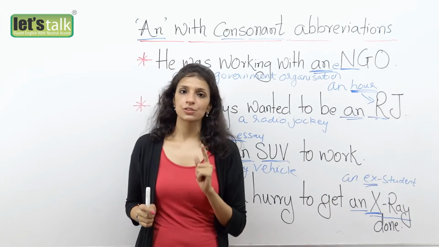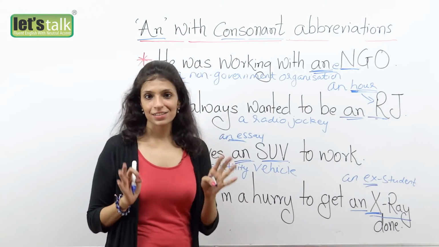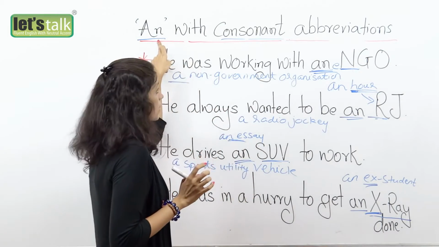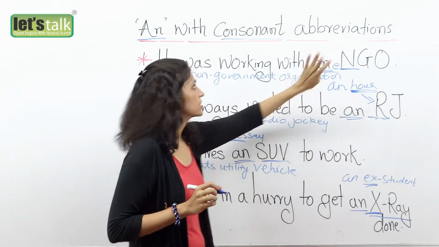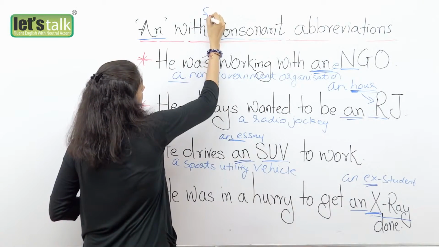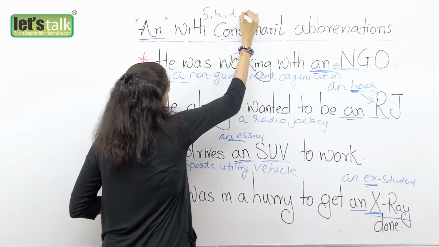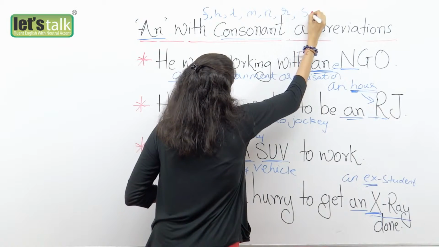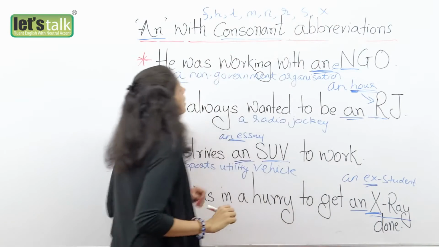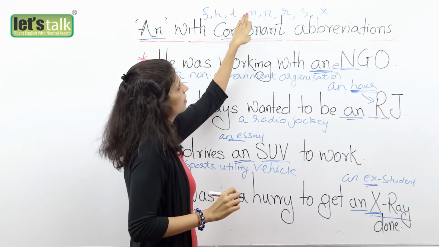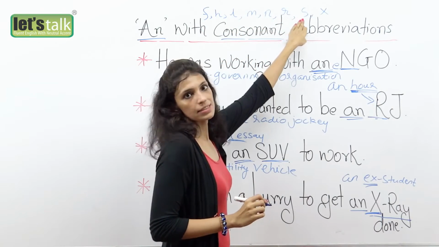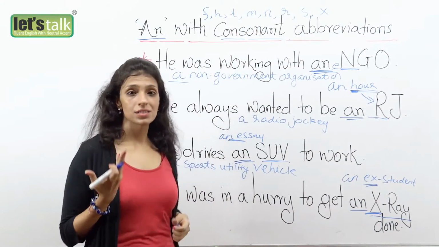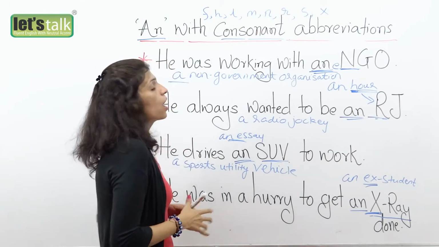Well, in a nutshell, I'll tell you something. There are 8 letters, if you noticed, that will always be used with an only when they come in abbreviations. They are F, H, L, M, N, R, S, X. Well, I would have told you this in the beginning, but I want you to understand why.